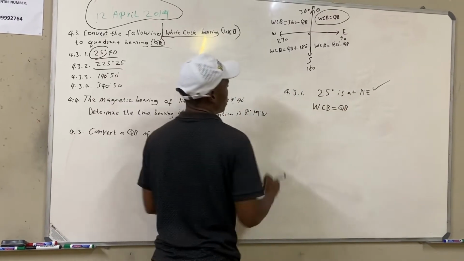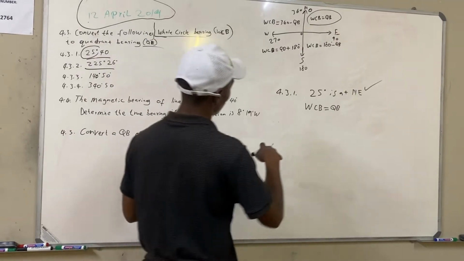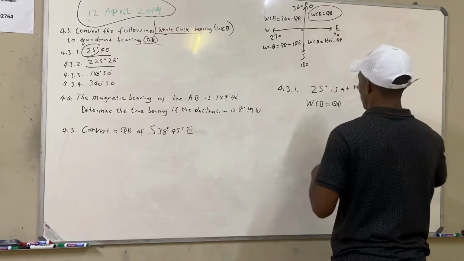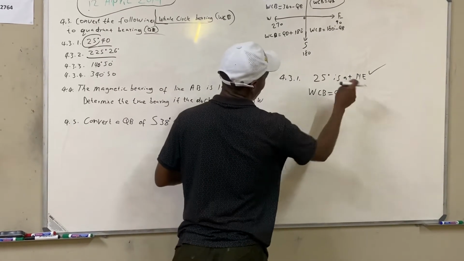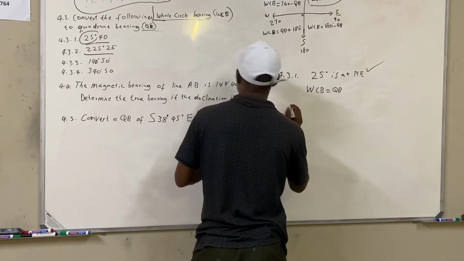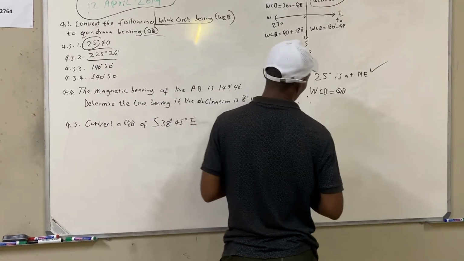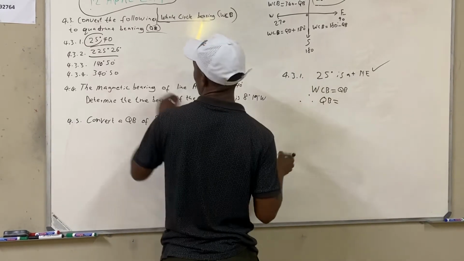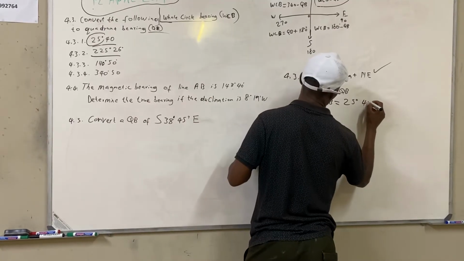This is like geometry, but we are solving it the same way: always you must give the reason and get the answer. So the whole circle bearing is equal to the quadrant bearing. Copy it from the graph. Then you solve. Therefore, the quadrant bearing is equal to 25 degrees 40 minutes.